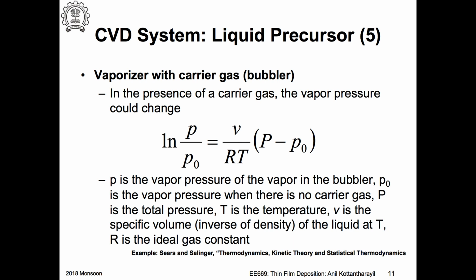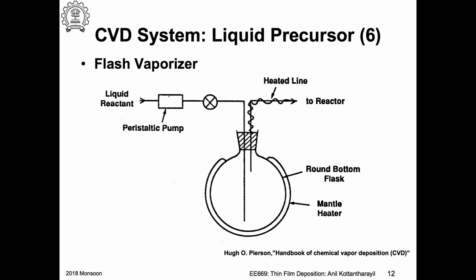Specific volume is just the inverse of density in this case. So you can substitute it and find out the pressure of the vapor in the bubbler, and that would also be the pressure at which it will be delivered to your reactor.